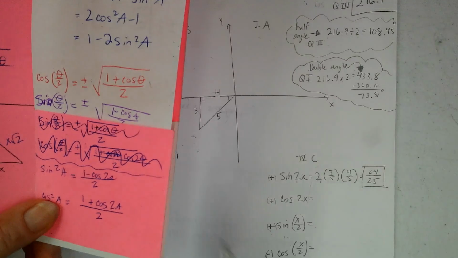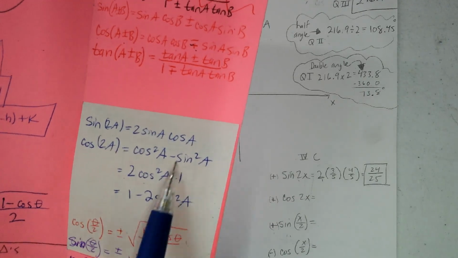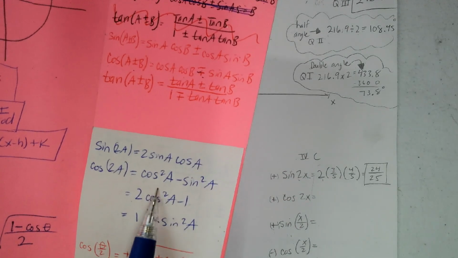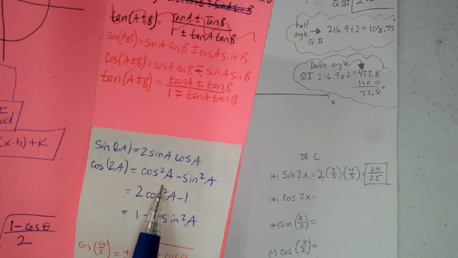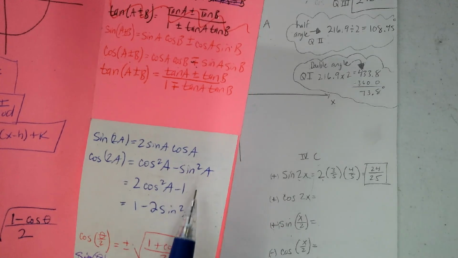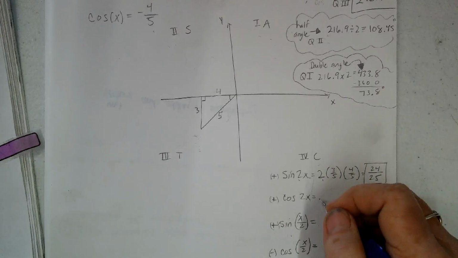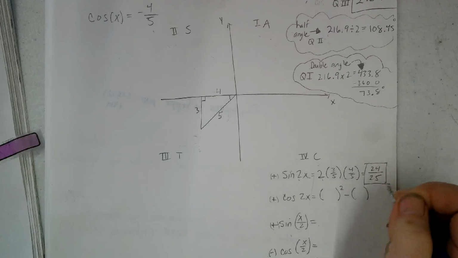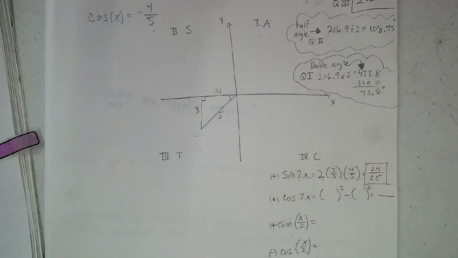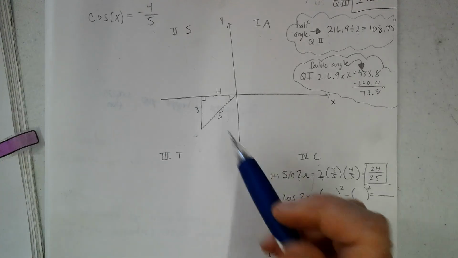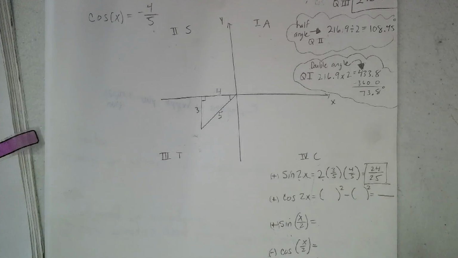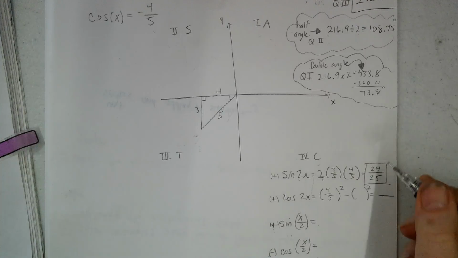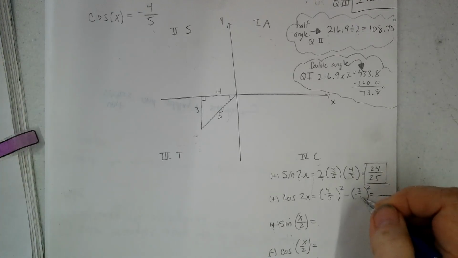And then cosine of 2x, I can use any of these. I guess I'll use the first one. So I need cosine squared x minus sine squared x. What was cosine again? Cosine is adjacent over hypotenuse, and then sine is opposite over hypotenuse.